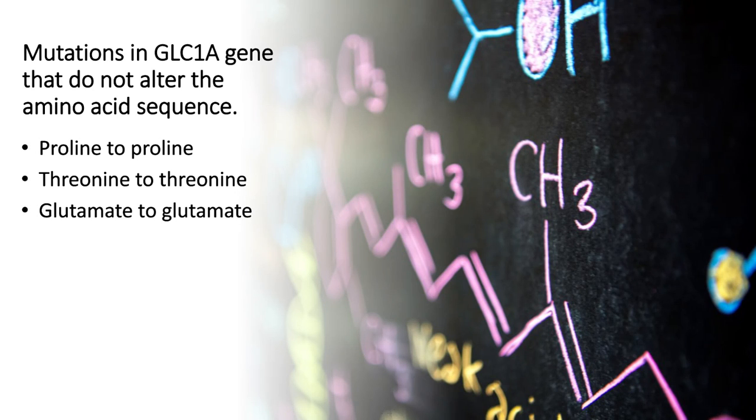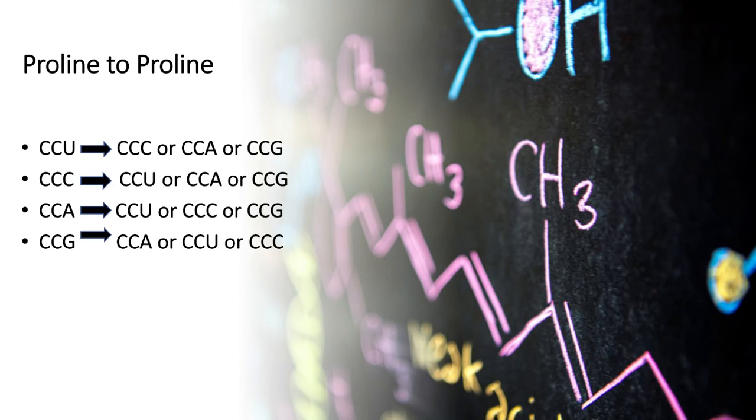There are also mutations in this gene that would not alter the amino acid sequence. By making certain substitutions, the amino acid would still stay the same, for proline, threonine, or glutamate.